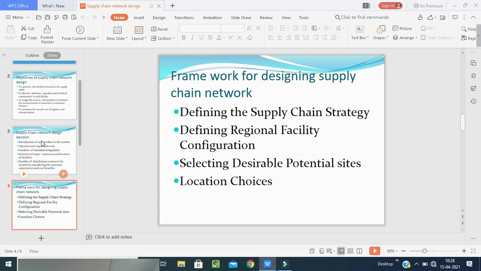Now, second one is defining the regional facility configuration. In this phase, what will happen? The firm determines the regional location of the facilities, their roles and their responsibilities and capabilities to allocate to each facility. A facility is a point where it is taking place.